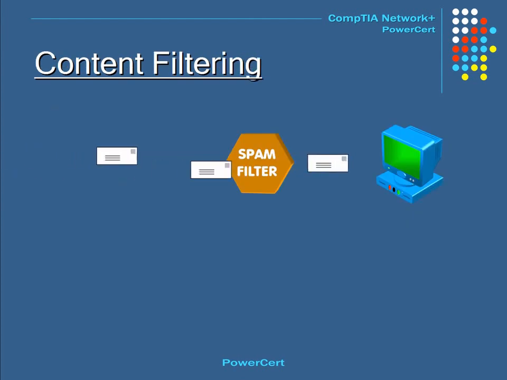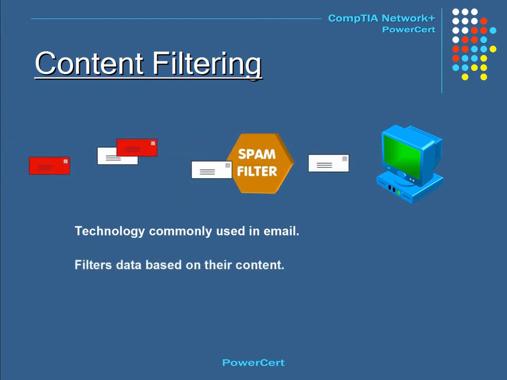Content filtering is a technology that is commonly used in email, and as its name implies, it filters data based on its content and not on the source. This type of filter is commonly used to filter email spam.